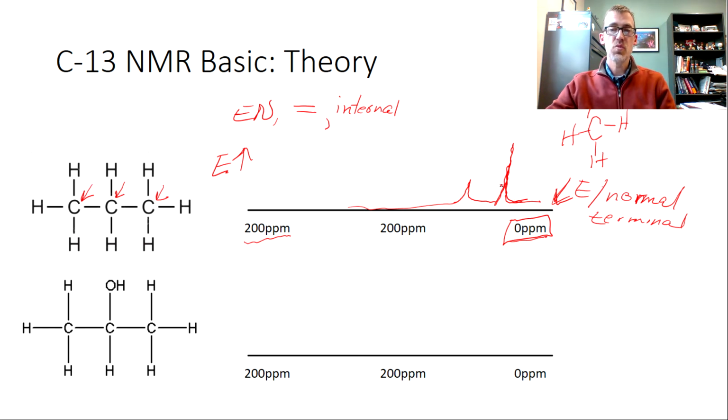We have two peaks. I know that this one is probably terminal, this one is internal, and I see the ratio of about 2 to 1. So this accounts for my two terminal CH3 groups and the internal CH2.